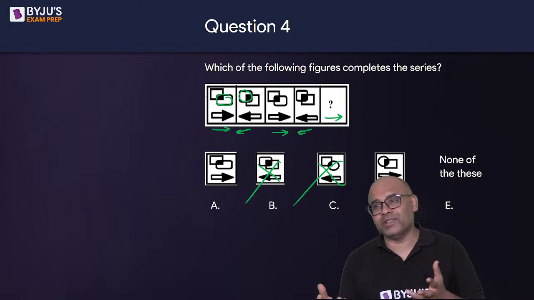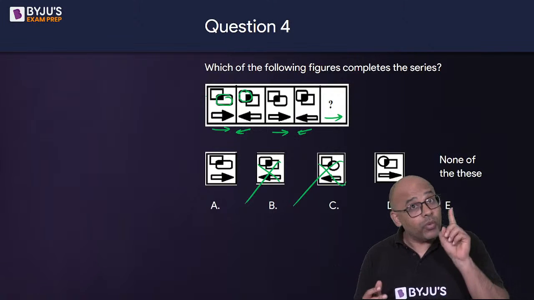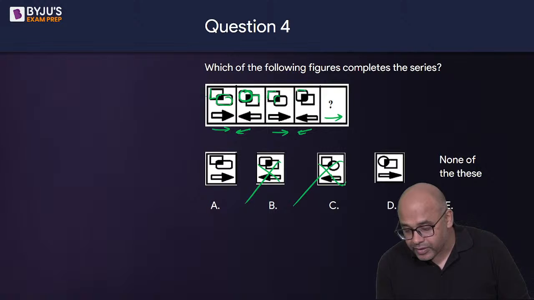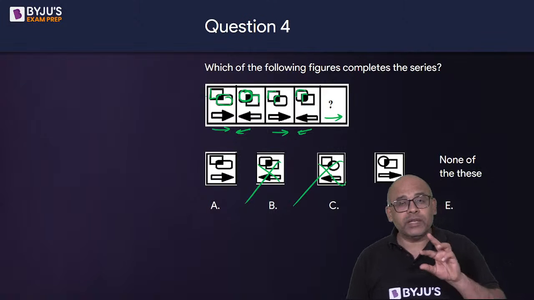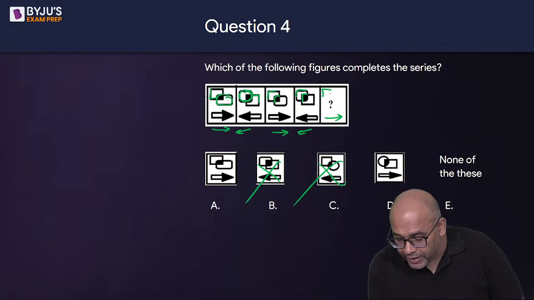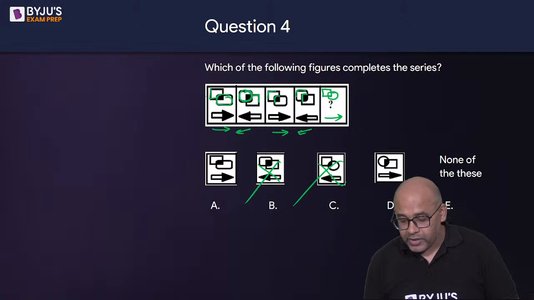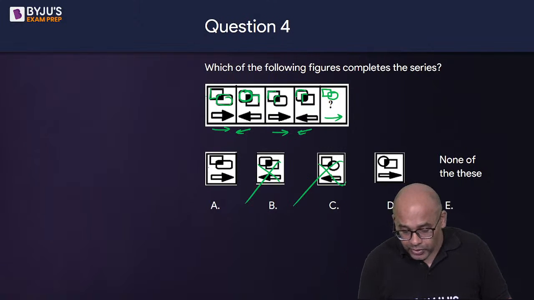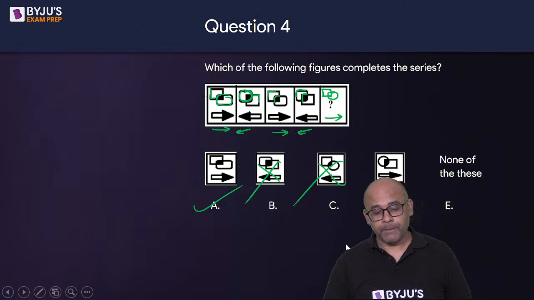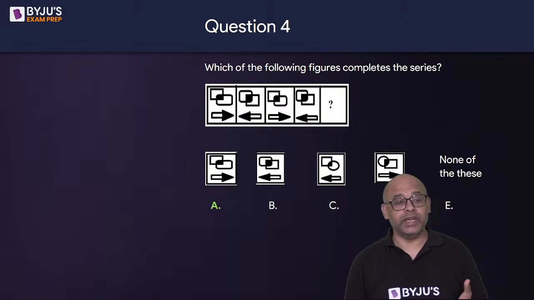Let's call them both squares or both rectangles, it really doesn't matter. What matters is it is pointed and curved, now curved and pointed, now again pointed and curved. So pointed and curved are alternating, that's all. So next should be pointed and curved. So it's going to be option A. It is not D. So the correct answer is option A.